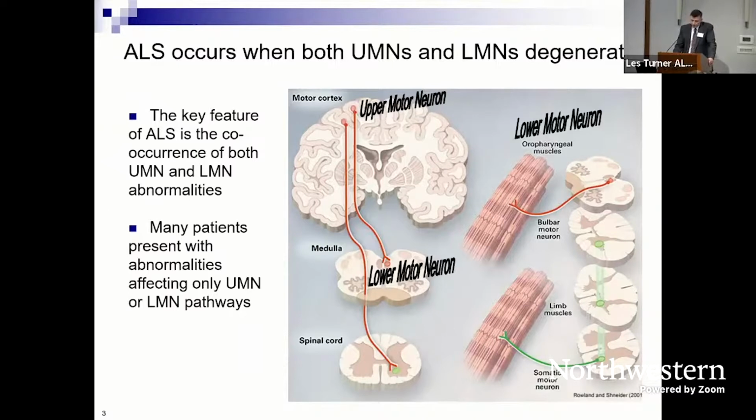However, with disease progression, the opposite pathway usually also degenerates, resulting in combined upper and lower motor neuron dysfunction. Through my neuroimaging research, I became particularly interested in ALS patients who present with predominantly upper motor neuron dysfunction, where disease primarily affects motor tracts descending from the brain into the spinal cord.